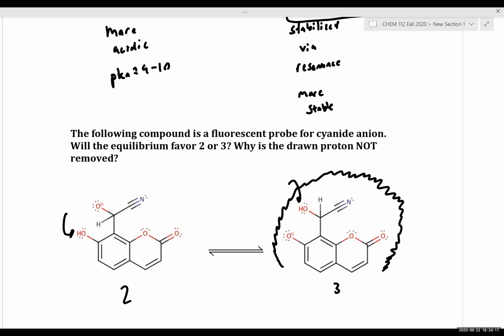Let's try to get at least a few responses in the chat before we discuss. So we just established that the phenolic proton has a pKa of around 9. Well, your typical alcohol proton has a pKa of around 16 to 17. So then, is this equilibrium going to favor the reactant or the product?